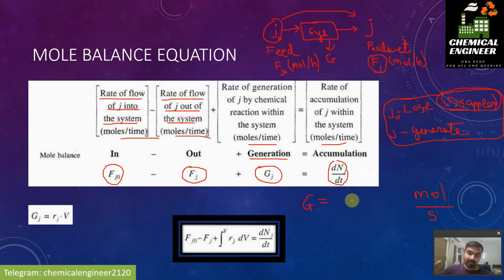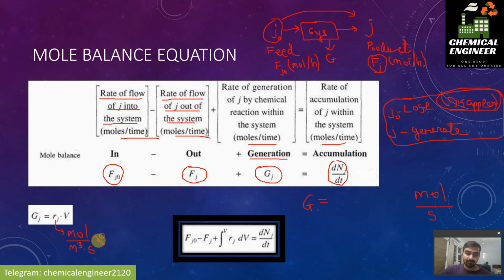Now, mole per second. So what we will do, we will try to incorporate the rate of reaction term in this equation. You know what the unit of rate of reaction is. The rate of reaction has a unit of mole per meter cube second.